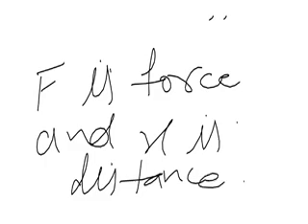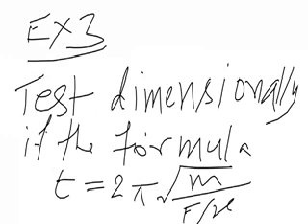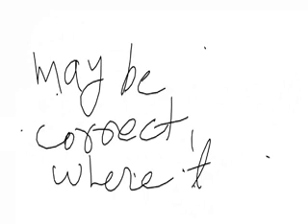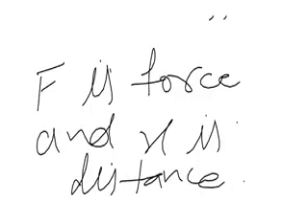So now the overall question is: test dimensionally if the formula t equal to 2 pi root under m by f by x may be correct, where t is time period, m is mass, f is force, and x is distance.